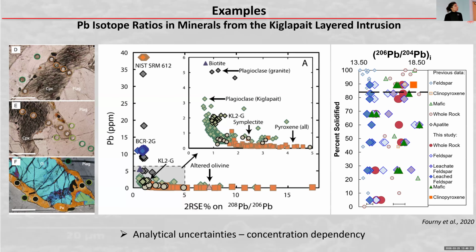That was one of our PhD students who analyzed a lot of different materials with the same primary standard for calibration. And as you can see, the analytical uncertainty shifts quickly with the lead concentration values. It was a cool study. She could tease out the different lead isotopic compositions in the whole rock, which was very uniform in the whole rock analysis, but with varying lead isotopic compositions in the varying minerals.